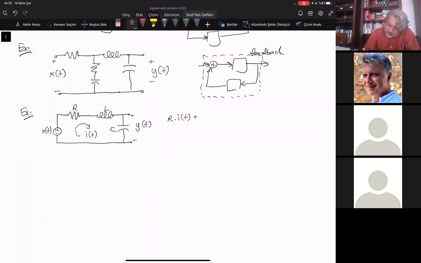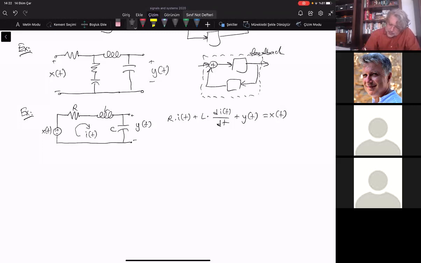And L times the time derivative of the current I of t is the voltage across the inductor, plus the output y of t, which is the voltage that we are measuring across the capacitor. We call it the output. You could say minus x of t is equal to 0, which makes a complete voltage loop.